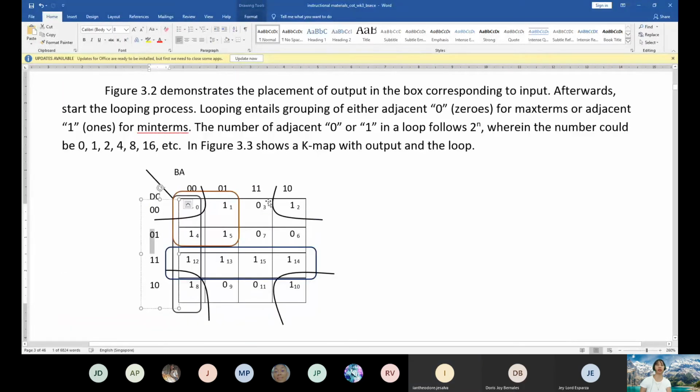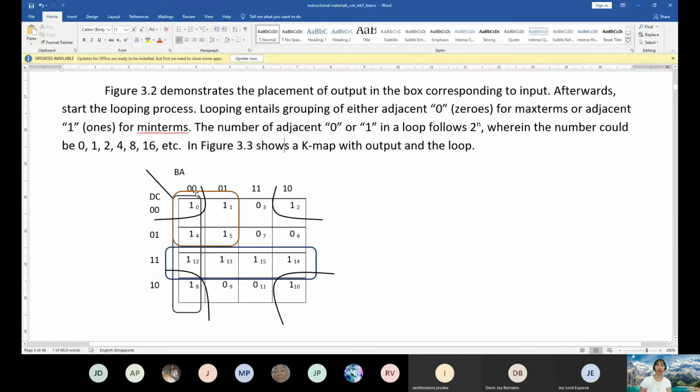Min term. So take note, what we have included in the loop are the outputs of 1, min term.